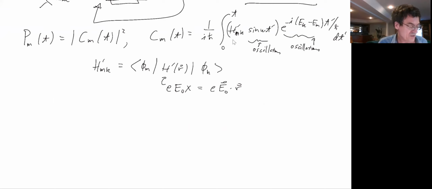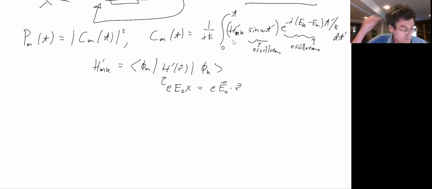So we're just going to do this integral, but to do that integral, we're going to do a little trick. We're going to take the sine function and break it up.